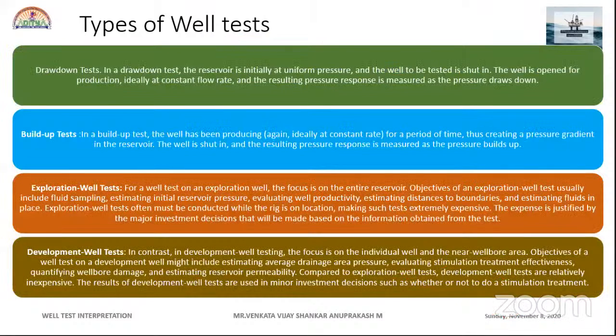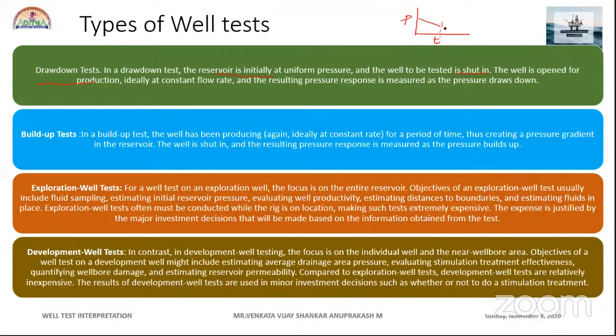So now we have a drawdown test. What are these drawdown tests? In a drawdown test, the reservoir is initially at a uniform pressure and the well to be tested is shut in. So initially you will have a pressure which is declining.